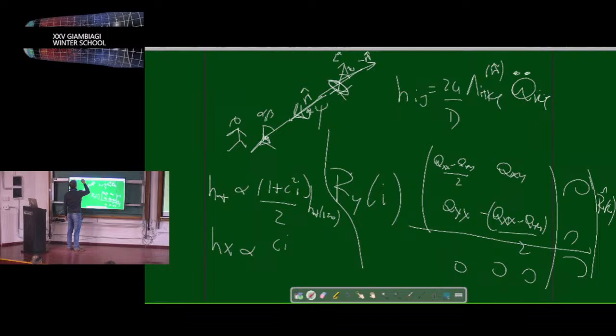And then I have this iota that tells me the inclination of the binary with respect to the observing direction. And then I have a final angle phi that tells me how I rotate inside the plane of the binary. It doesn't affect iota. Okay. So this is to tell you that at the end, what I'm sensitive to depends on these angles.